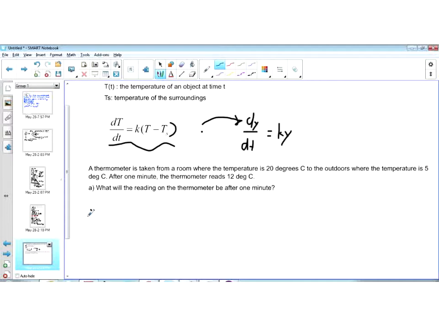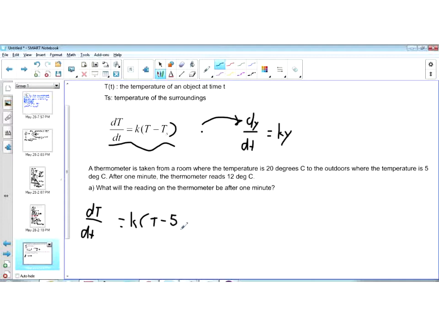So using the formula, we have change in temperature with respect to time is equal to K, your cooling constant, times the temperature at time t, whatever time it is, minus the surrounding temperature.